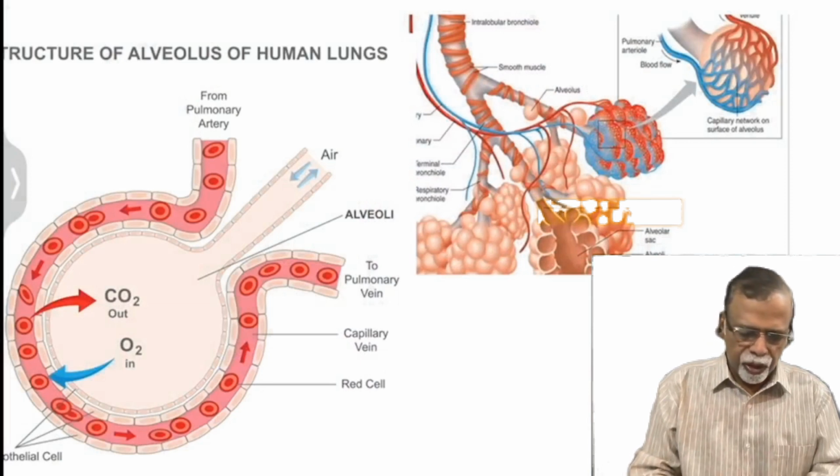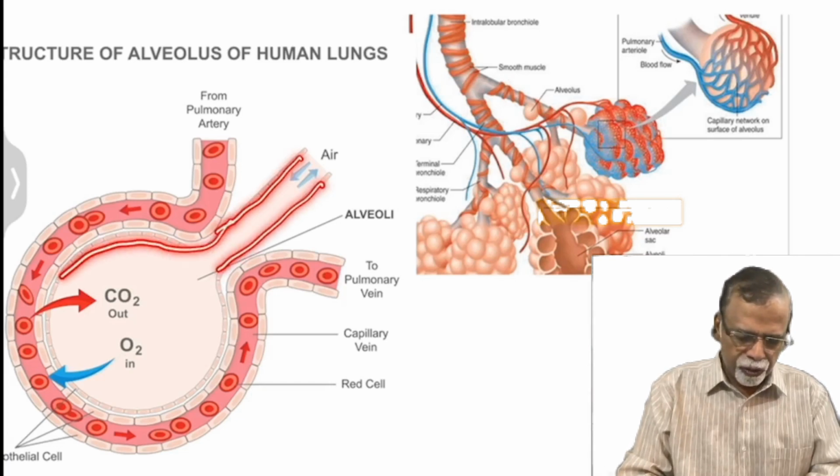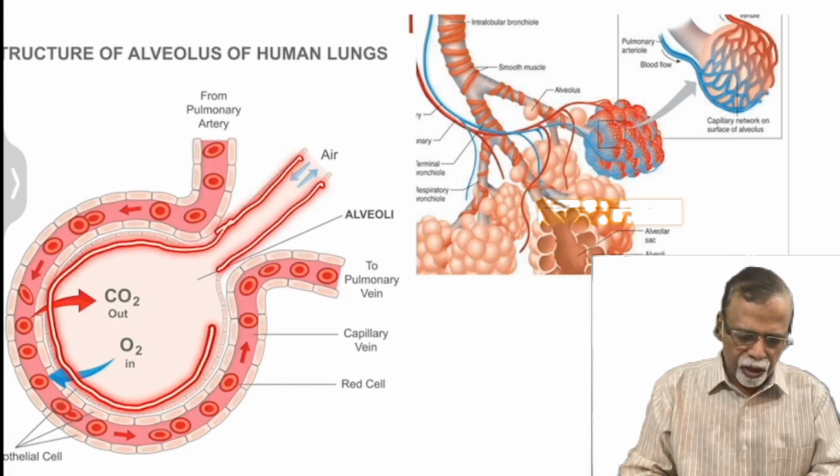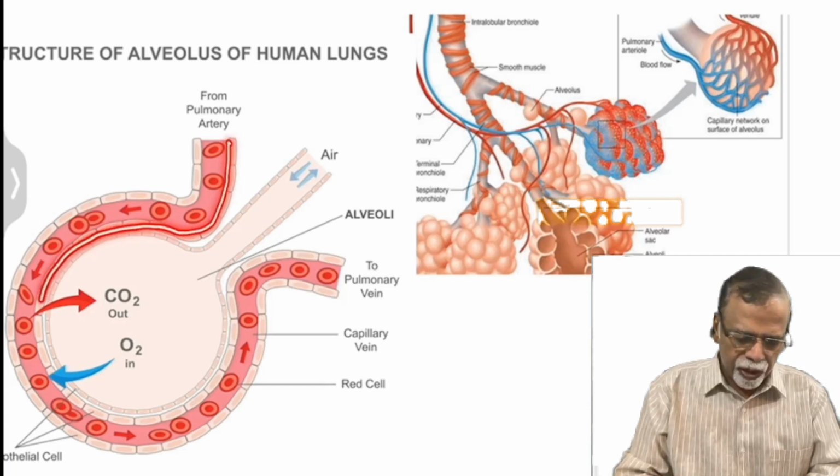So let us draw an alveoli. So this is the alveolar duct, which forms the alveoli. Surrounding this, you can see the pulmonary arteries coming. This is the pulmonary artery, which drains into a branch, the final part.